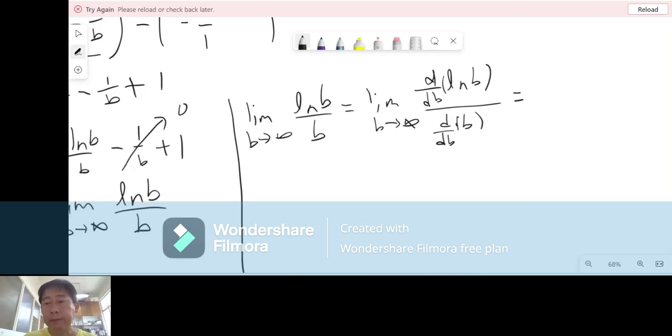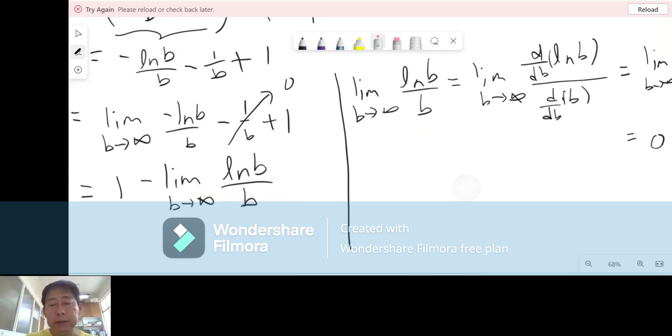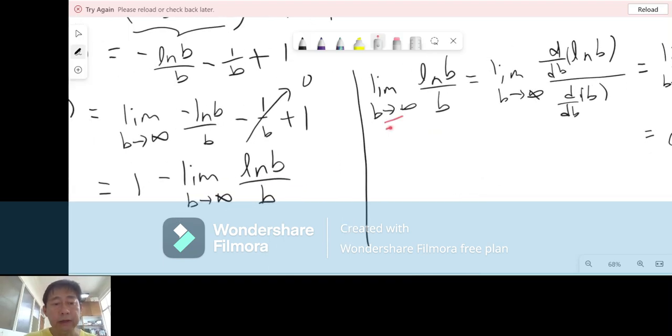So that would end up to be the limit of b goes to infinity. d/db of ln b gives me 1 over b, while d/db of b just gives me a value of 1. So that amounts to taking the limit of 1 over b, and it is simply equal to 0. The limit of ln b over b is 0 when b is taken to infinity.